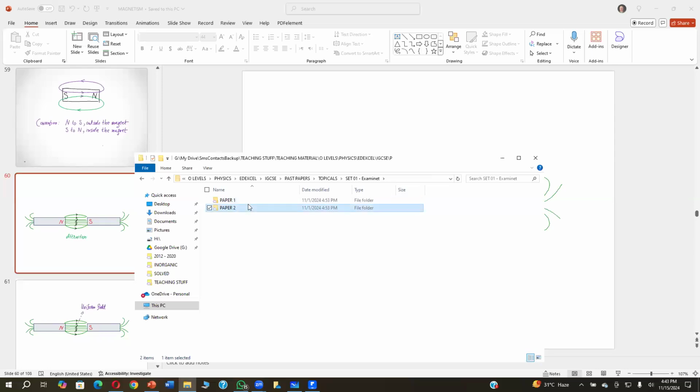Now I have shared with you two PDFs, one for paper one and one for paper two. You have to open the PDF for paper two.